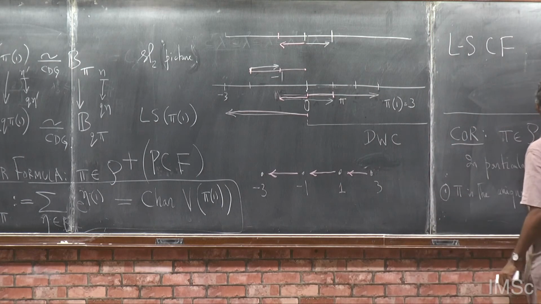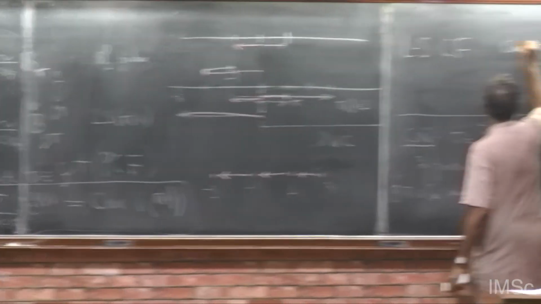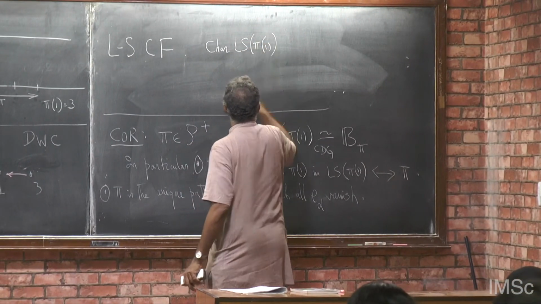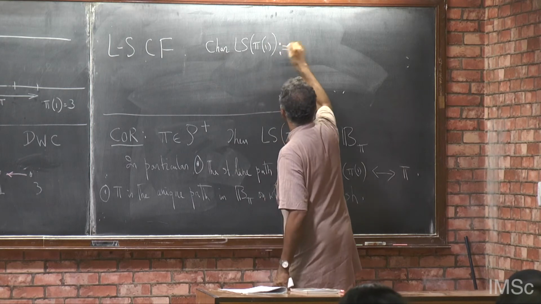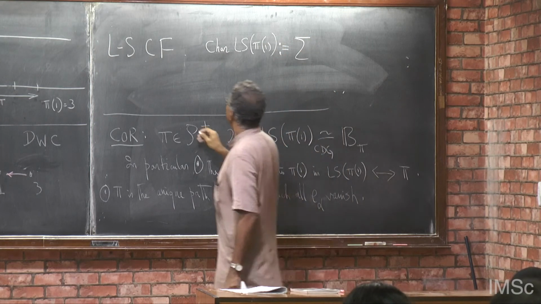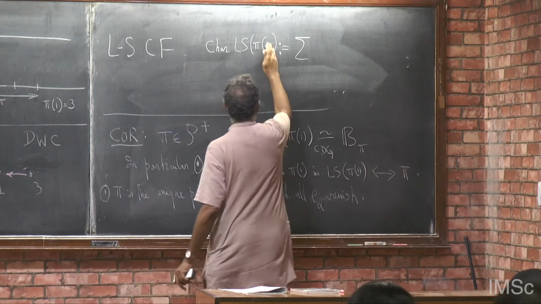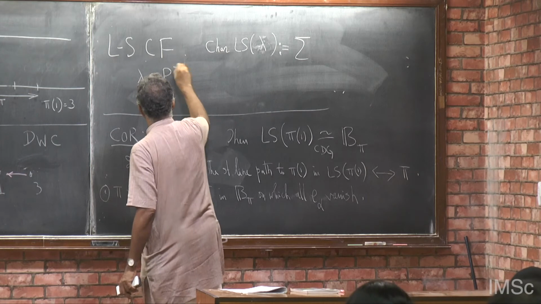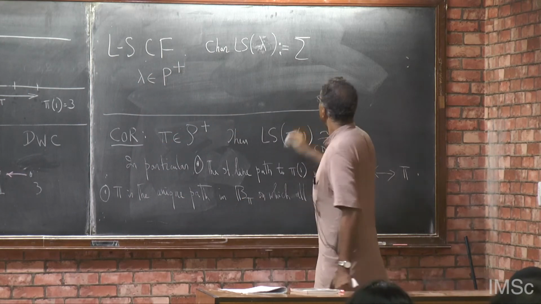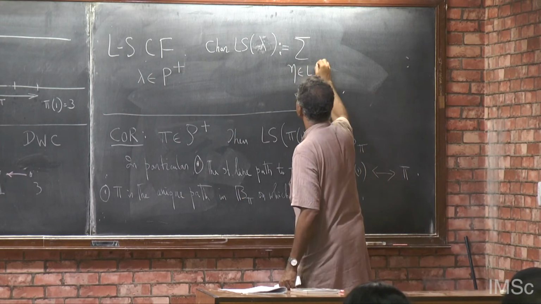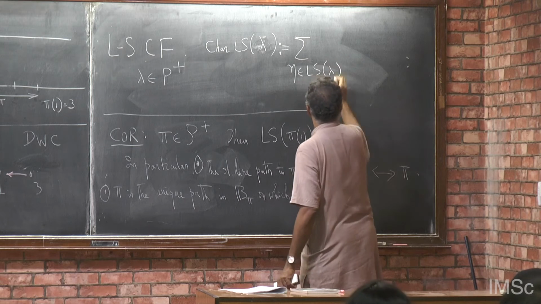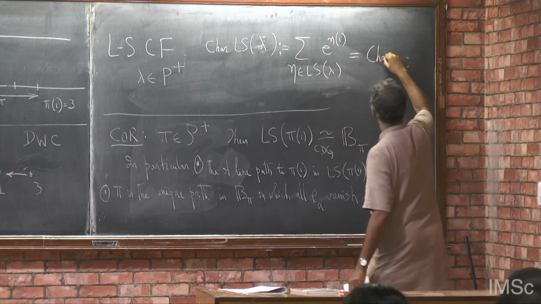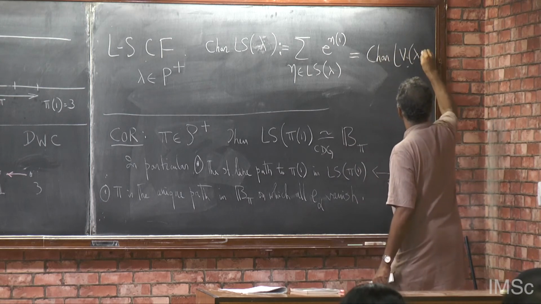The Lakshmibai-Seshadri character formula, which is almost the same as this, is the special case of this when the character of LS is, by definition, the sum over eta in LS of lambda of e to the eta of 1, which is the character of V lambda, where lambda is a dominant weight.